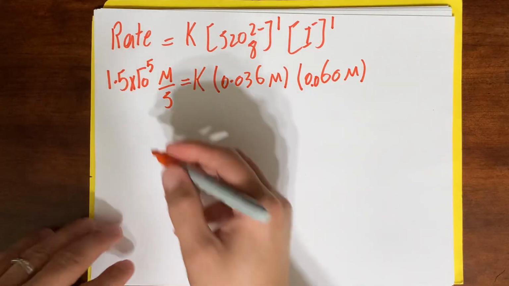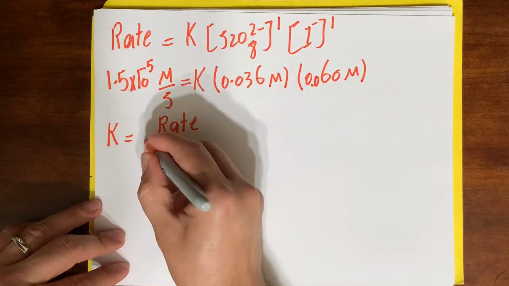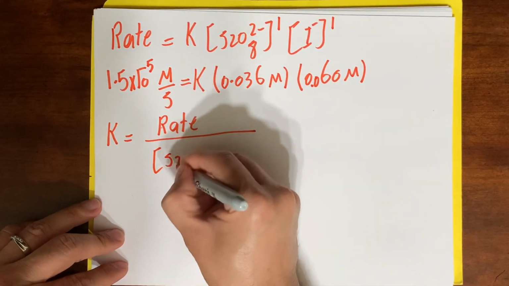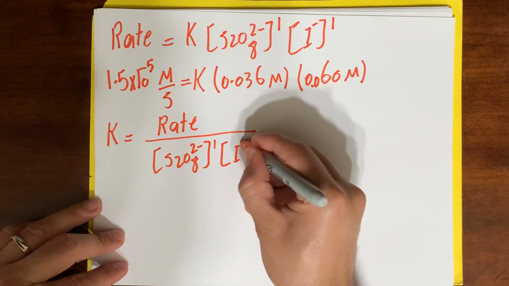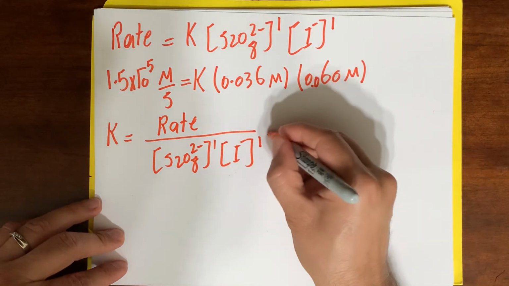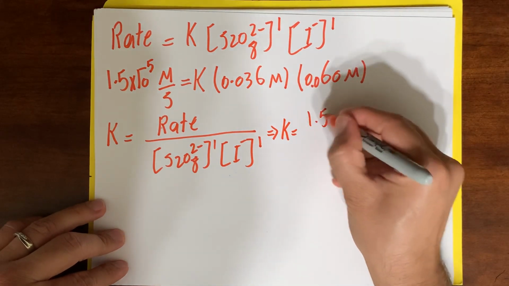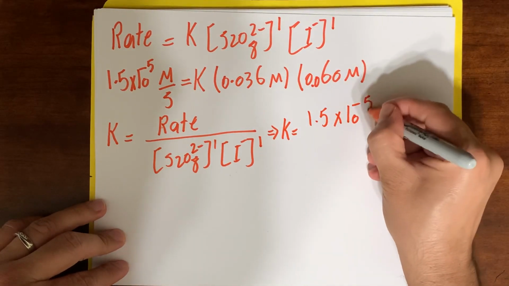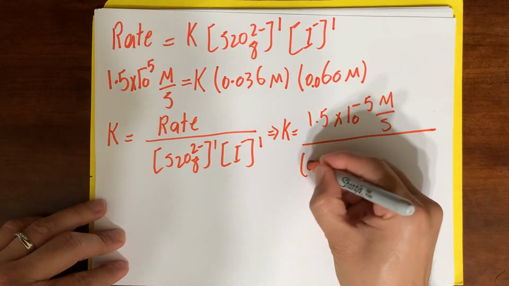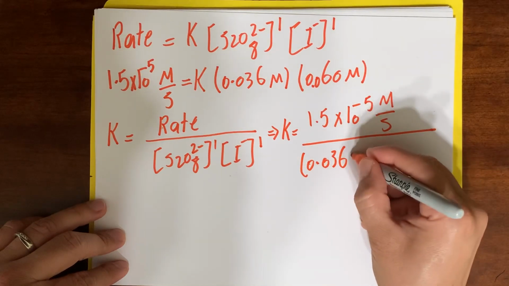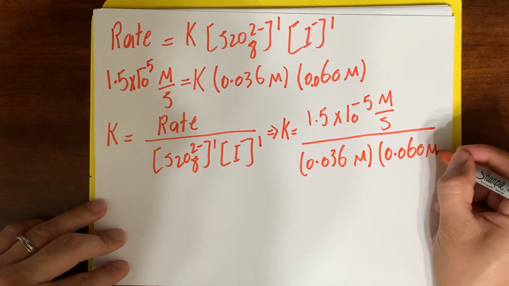So let's find K. K is going to be equal to rate divided by concentration of S2O8 multiply concentration of iodide. So K is going to be equal to 1.5 multiply 10 to the power of minus 5 molar per second divided by 0.036 molar multiply 0.060 molar.